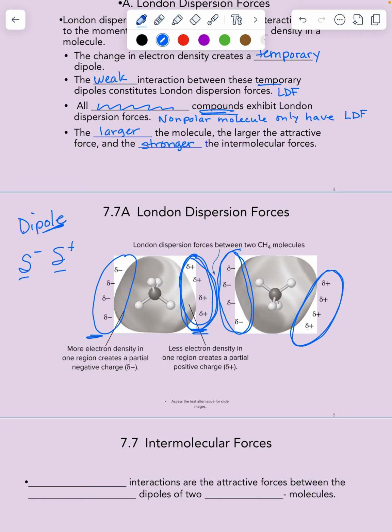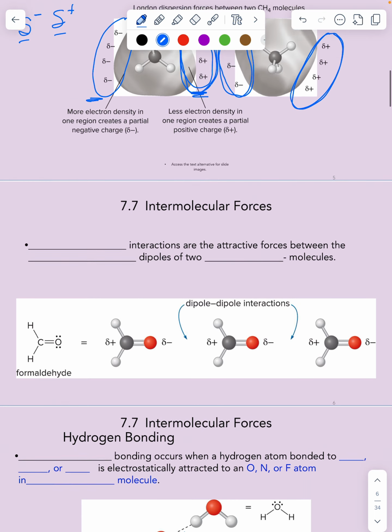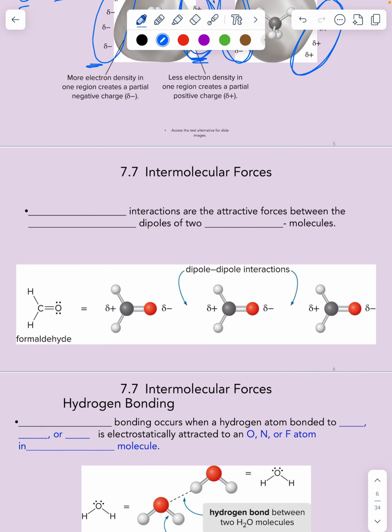All right, let's talk about the second type of intermolecular attraction, and that is the dipole-dipole attraction. Dipole-dipole attractions are the attractive forces between permanent dipoles. So unlike the LDF dipoles, these are permanent, meaning they're always there.